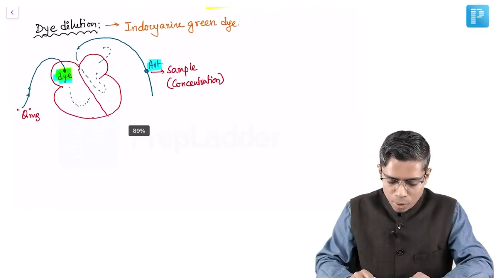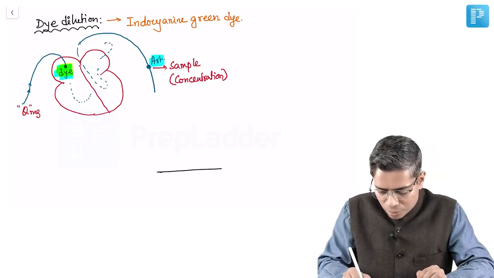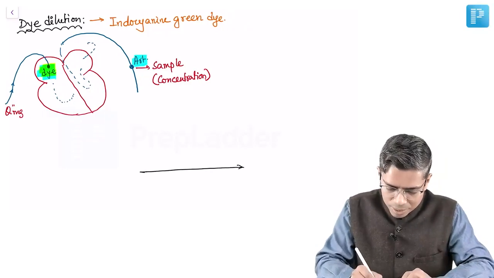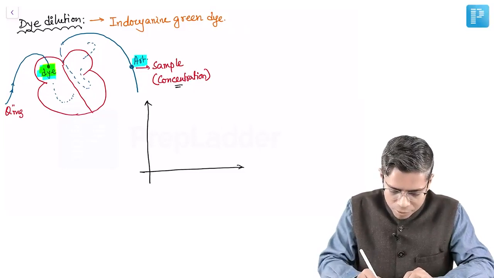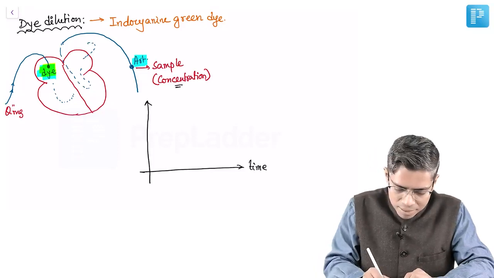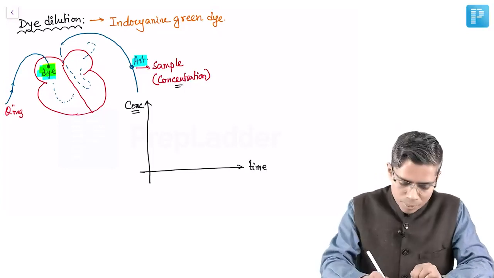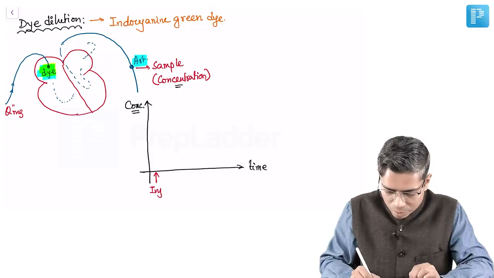If I plot this concentration of the dye along with time in the arterial blood, the x-axis is time and the y-axis is the concentration of the dye in the arterial blood. Suppose this is the zero point where I have injected the dye.